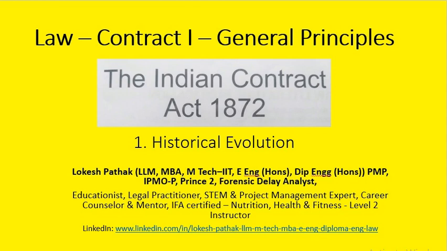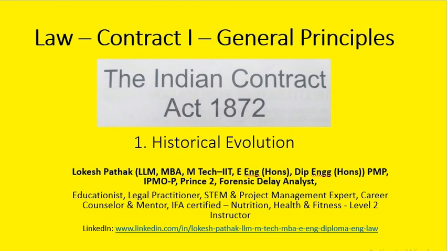I'm repeating, this is basically the contract 2 part, having sections 124 to 238, comprising indemnity, guarantee, bailment, agency and pledge. The last part is section 239 to 266, which is partnership, and that is also being taken up separately.